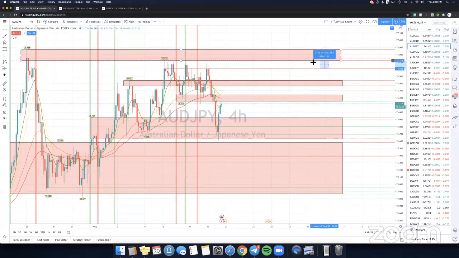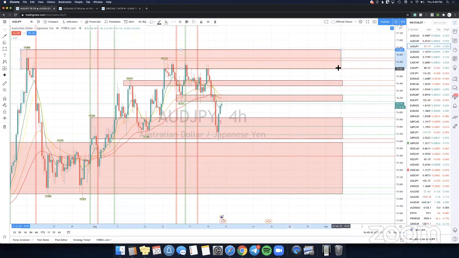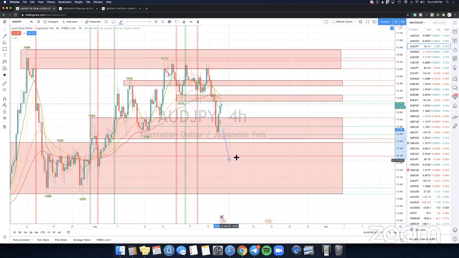If there's not 20 pips in between, then I usually like to connect them like this right here, because obviously you don't want to trade within a zone that's too tight. Like say right here, if price came down into the zone, then I probably would have taken this trade within the zone because you can still lock in like 38 pips before it comes down to the bottom of the zone for a rejection.